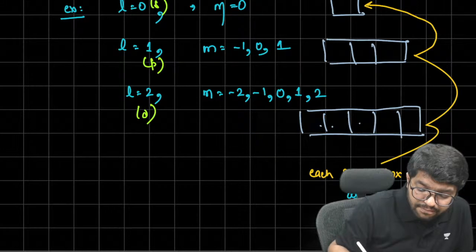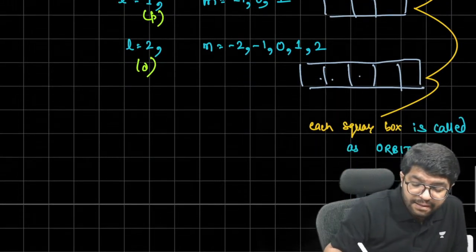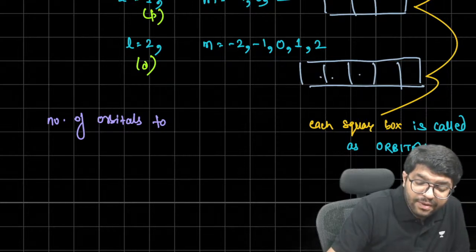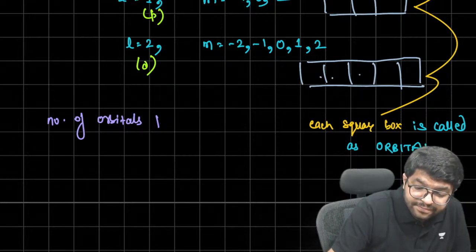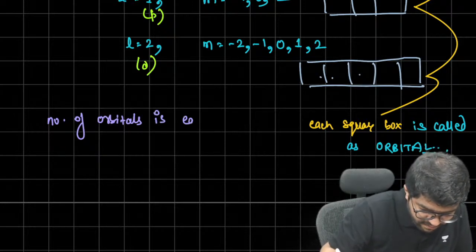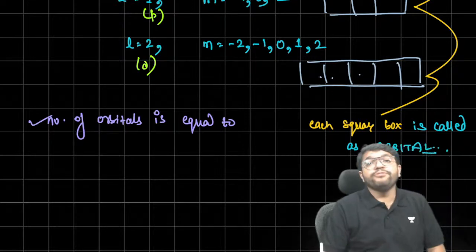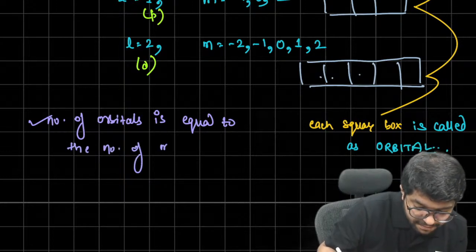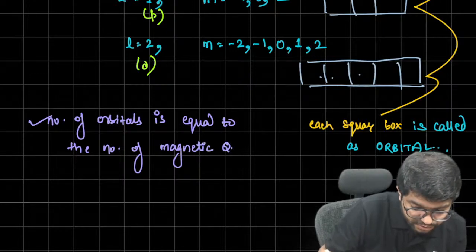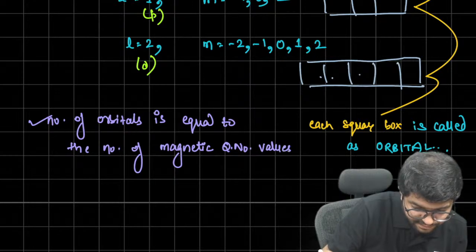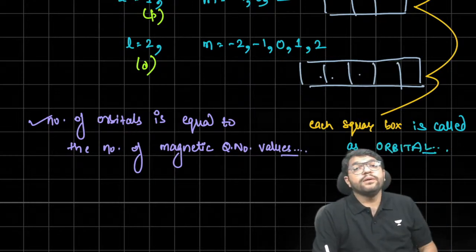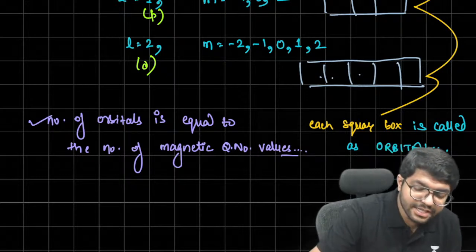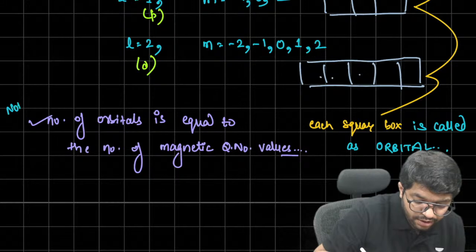And therefore, the number of orbitals is equal to the number of magnetic quantum number values. There is no rule to it, to be honest. It is just a coincidence, but it is not a rule.